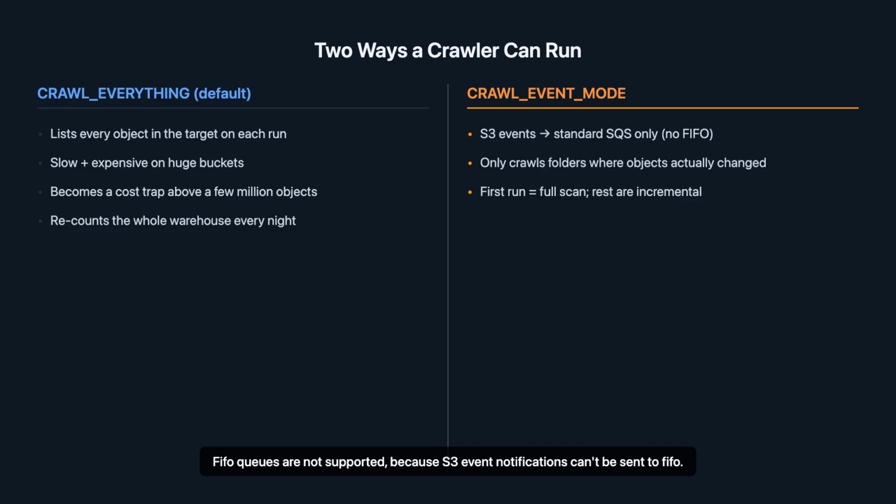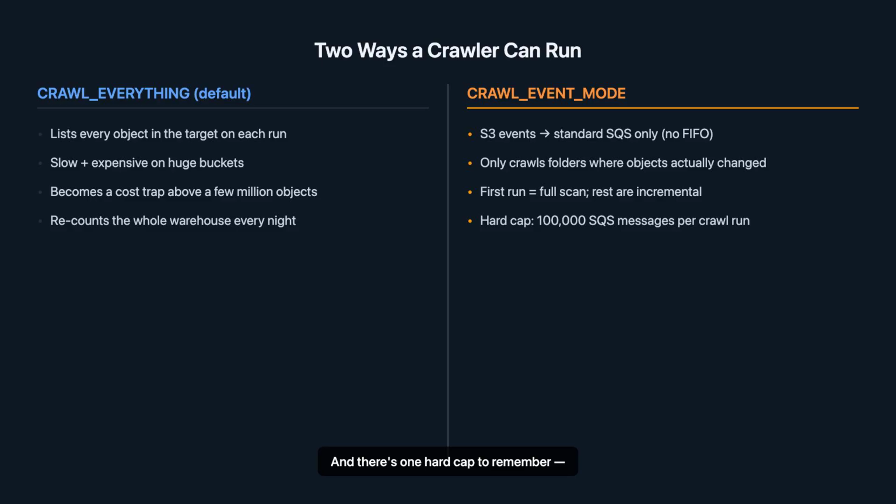FIFO queues are not supported because S3 event notifications can't be sent to FIFO. The first run is still a full scan, but every run after that is incremental. And there's one hard cap to remember, a maximum of 100,000 SQS messages per crawl run. That number shows up on the exam.